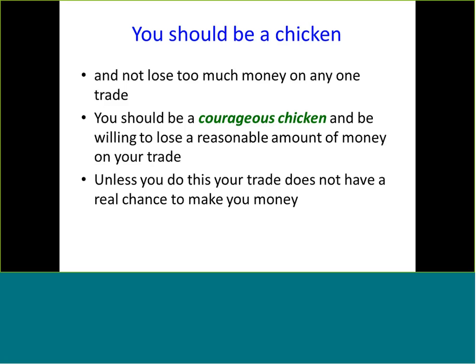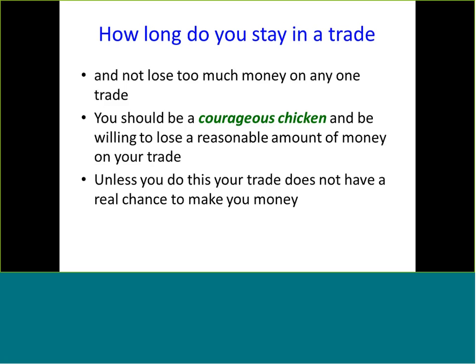A recipe for success is to risk a reasonable amount of money to make a reasonable amount of money, and all based upon a knowledge, a complete knowledge, as much as is practical and reasonable, that you understand what's truly going on in the market.